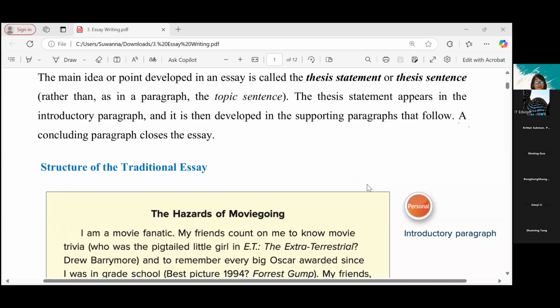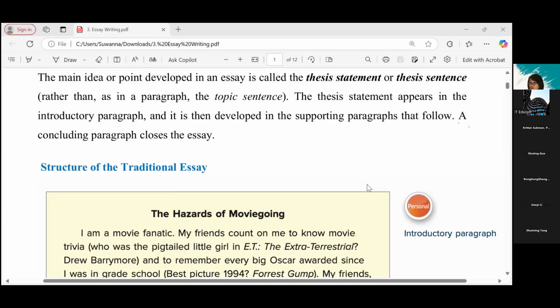Okay, thank you for your response. Your classmate here has a very good idea of an essay. Your friend said an essay is a part of an article that expresses a complete idea, usually consisting of several sentences. That's a very good answer, but I'd like to add one point here.